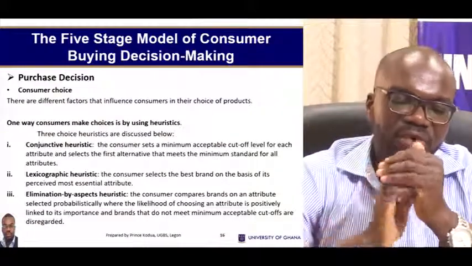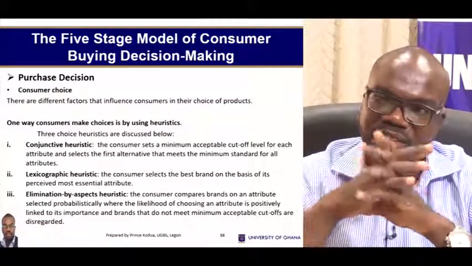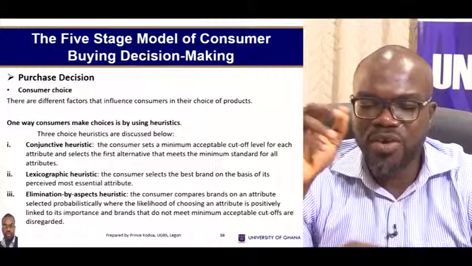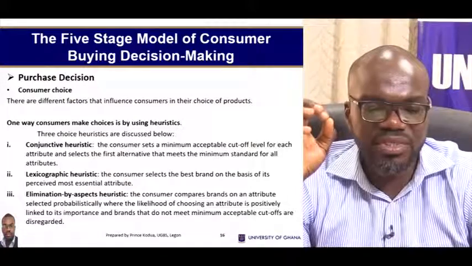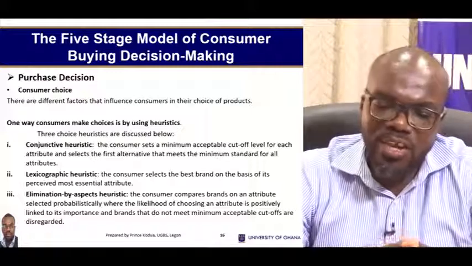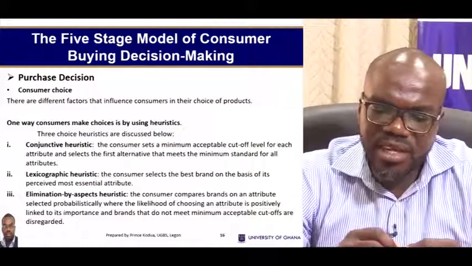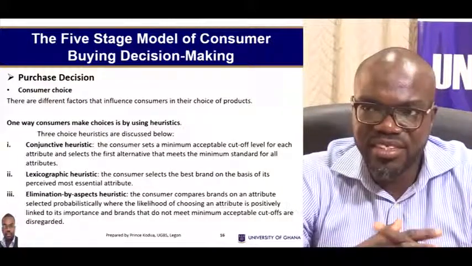And then the third one, we can talk of the elimination by aspects heuristic. Here again, the consumer compares brands on an attribute selected probabilistically, where the likelihood of choosing an attribute is positively linked to its importance.